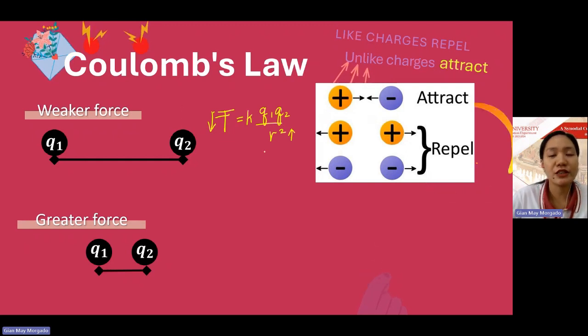The attractive force is greater when two unlike charges are closer to each other, and weaker when they are farther apart. The repulsive force is greater when two like charges are closer, and weaker when they are farther apart. So the initial laws we studied still apply for this problem.